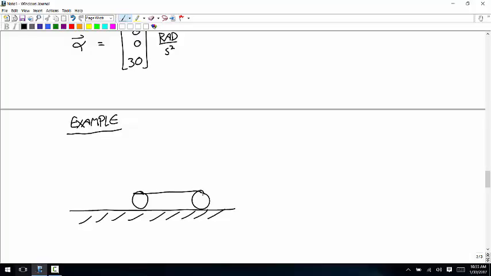Okay, so let's say we have a cart with a Ferris wheel type thing on it.